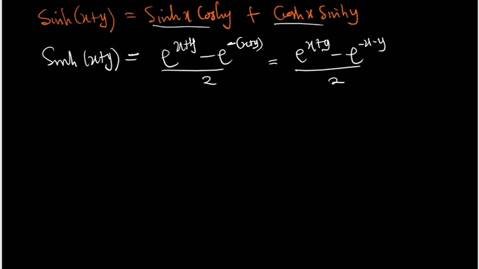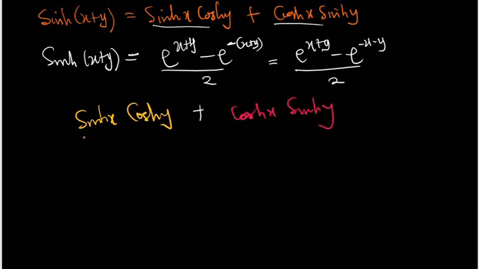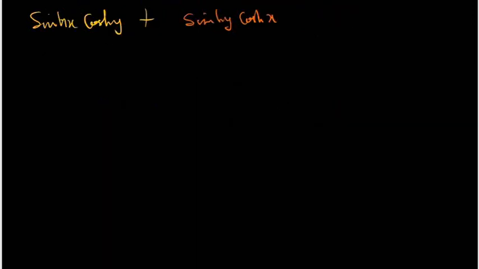The identity we obtained is sinh x cosh y plus cosh x sinh y. So let's pick the left hand side first, and later on we add them. Good.